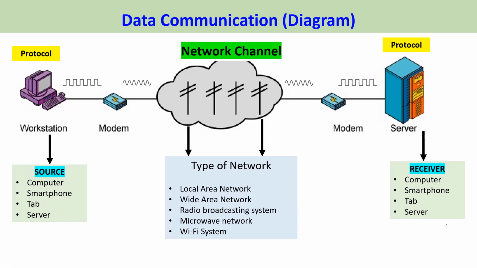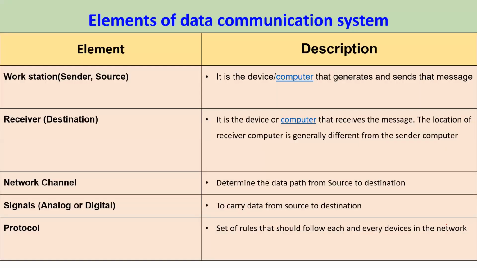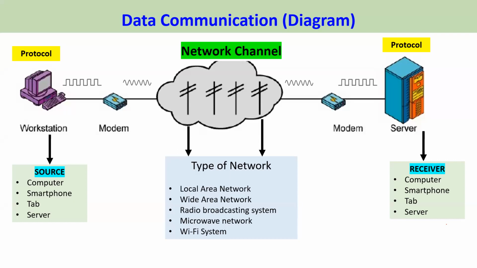This workstation sends digital data to the air, but digital data is not capable of traveling through the air. It should be converted into analog. Analog signals are capable of going through the air. Therefore, the signals you produce through the computer should be converted into analog signals.